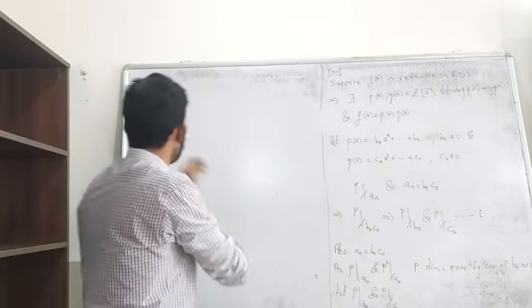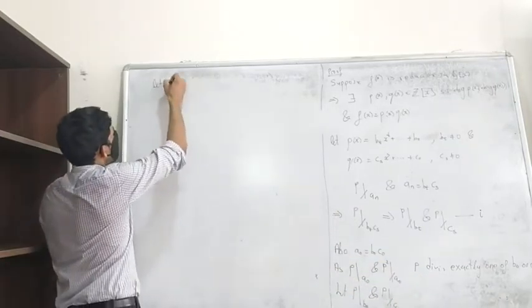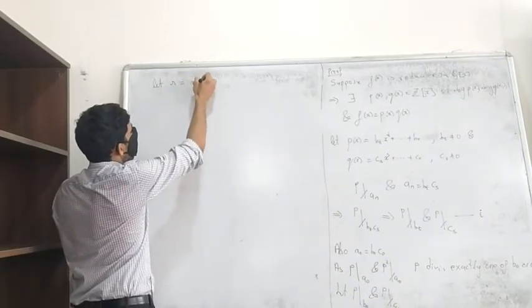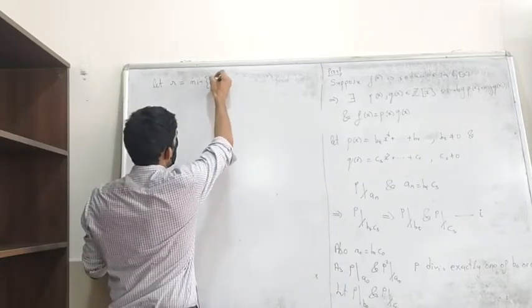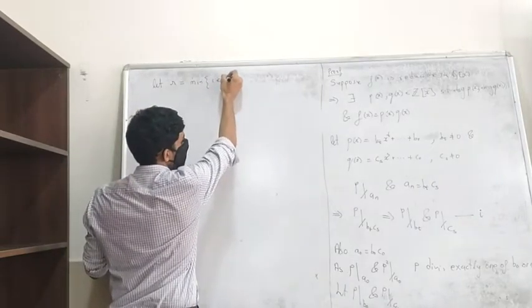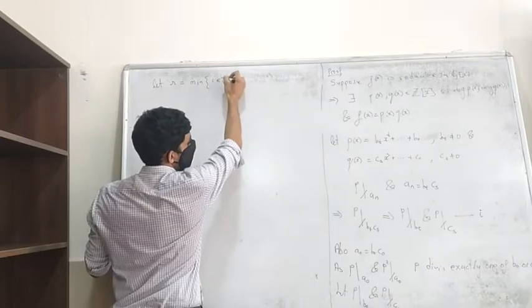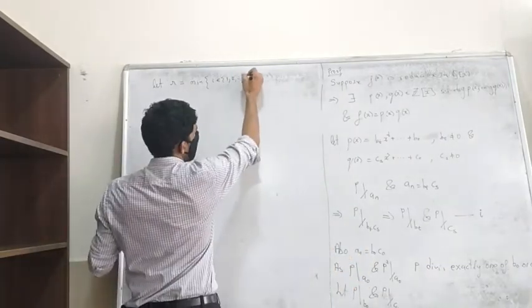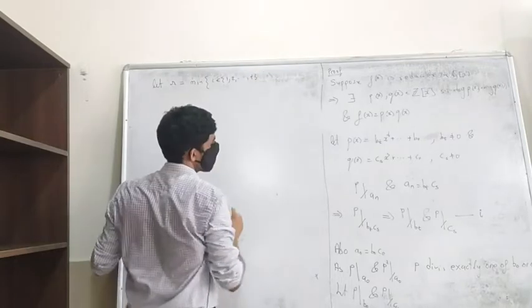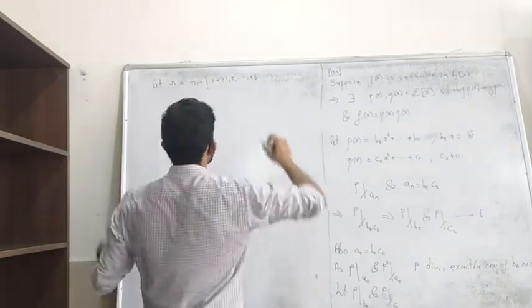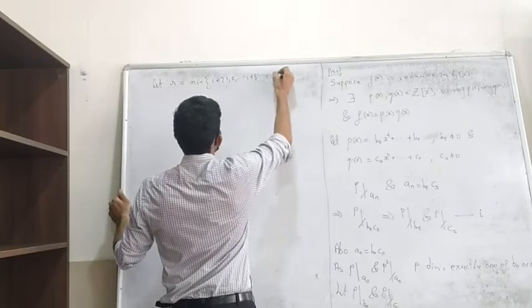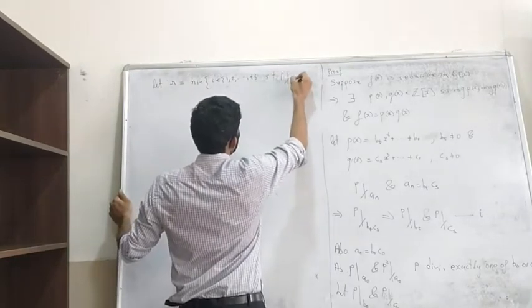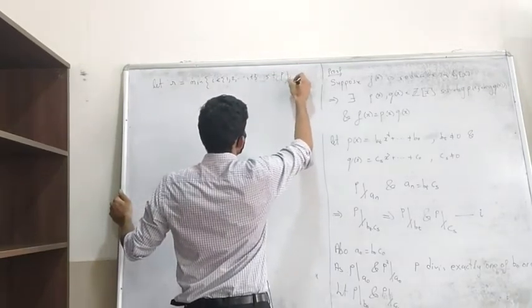So we'll take r to be the minimum of all the i in 1, 2 up to t such that p doesn't divide Bi.